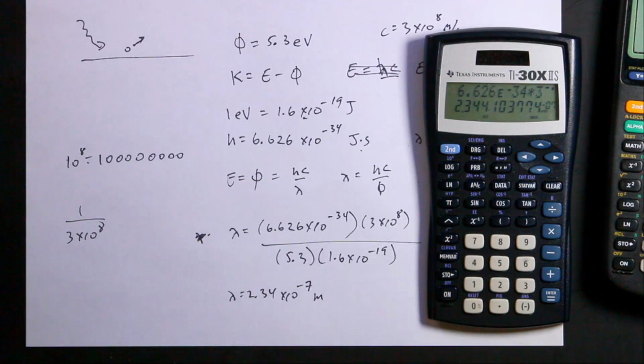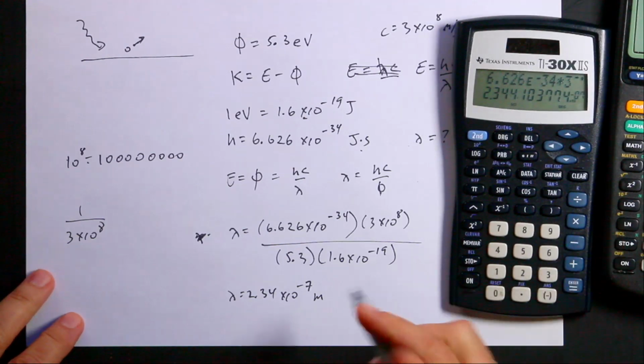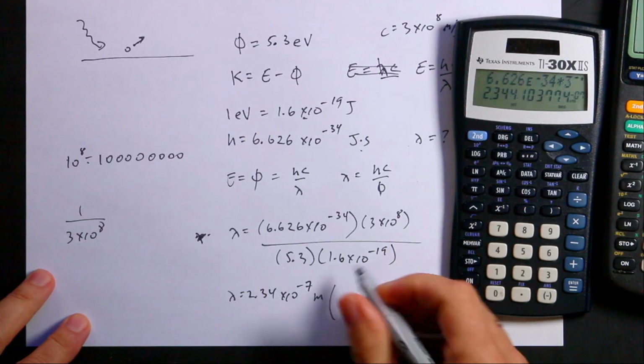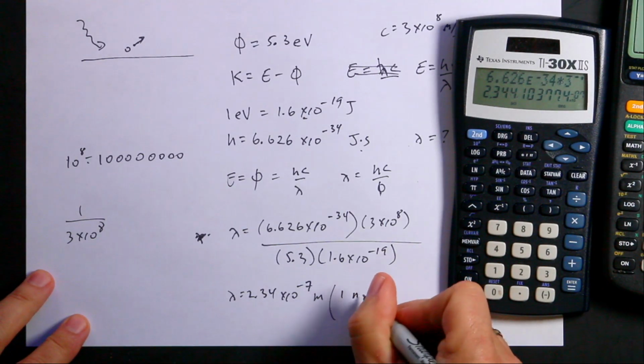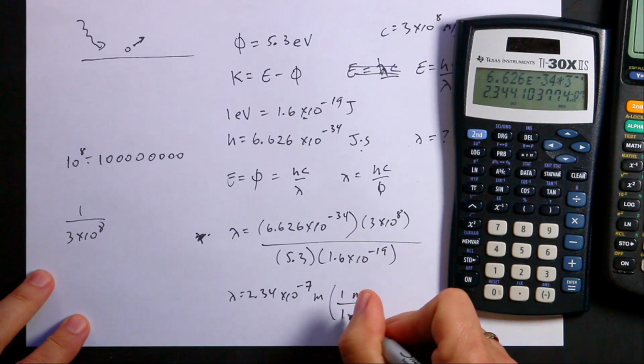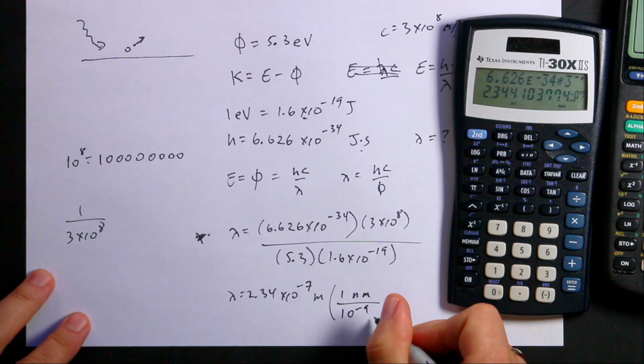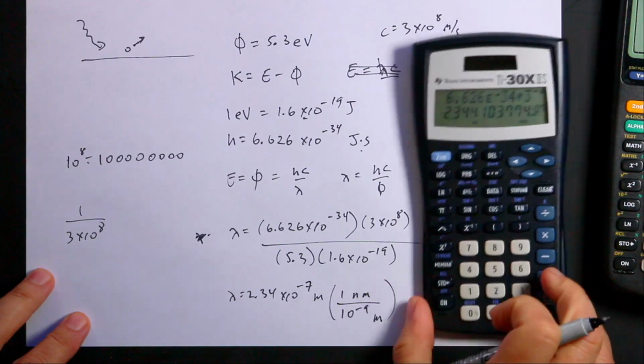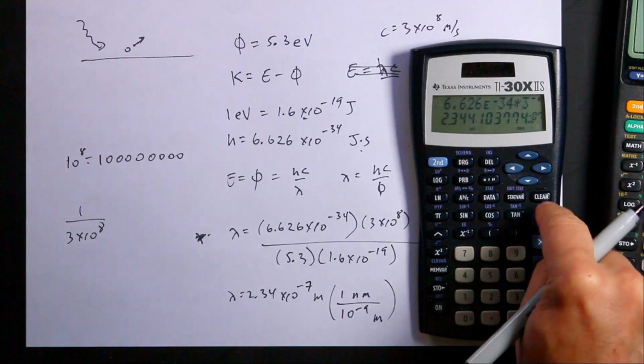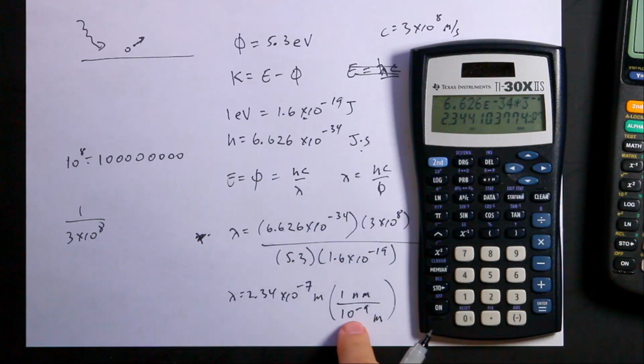If you need to convert that to nanometers, you'd just say, well, I know 1 nanometer is 10 to the negative 9th meters. I'm going to do this because there is an important thing here. How would I do that? I have that number already. I want to divide by 10 to the negative 9th.